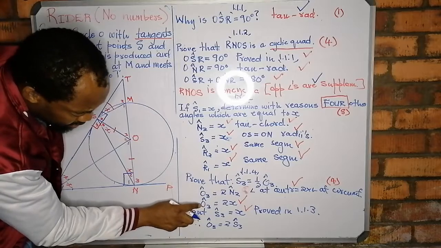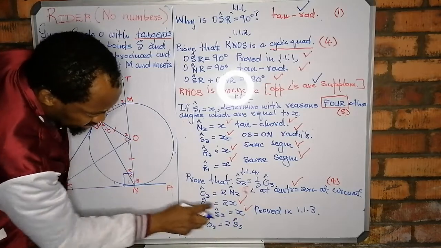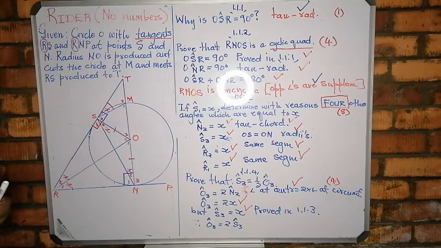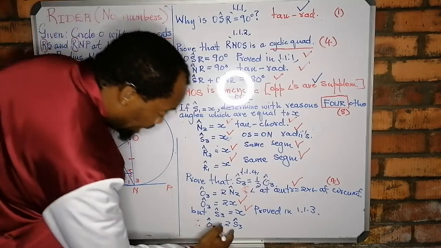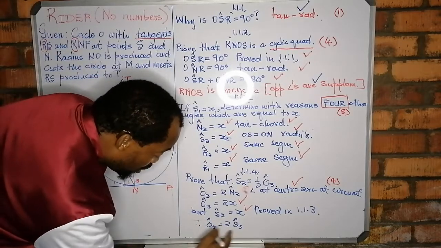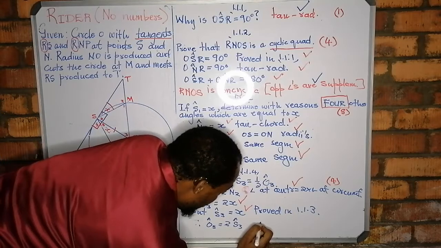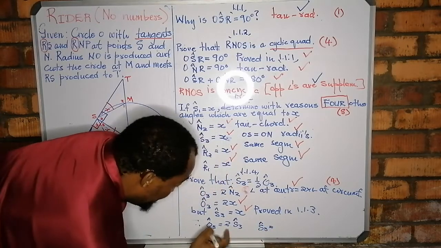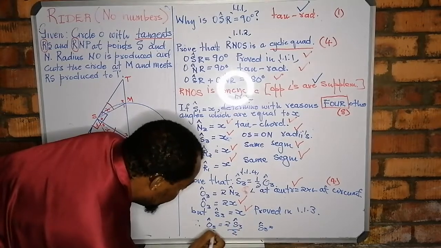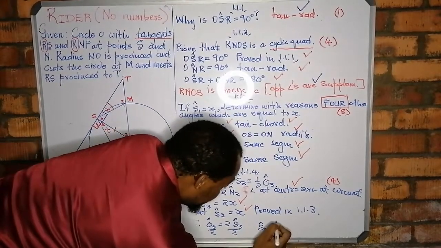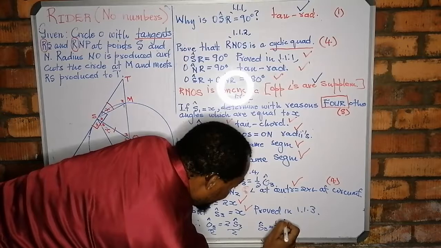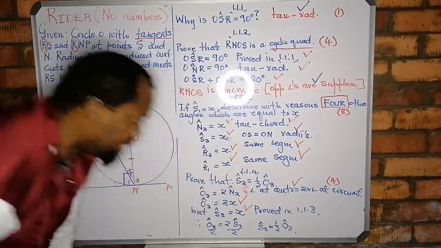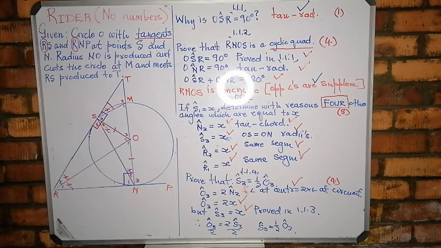How do I know that? There. S3 is x. O3 is 2x. Then I can divide both sides by 2. I'm now simplifying this. Angle S3, I'm dividing both sides by 2 is equals to half angle O3. That's it. I have proved that.